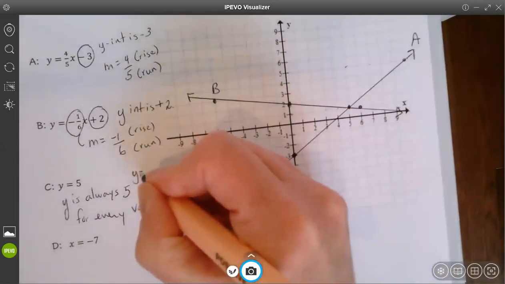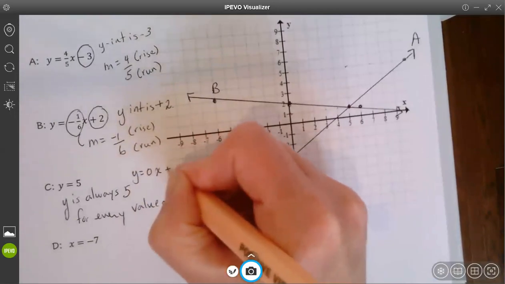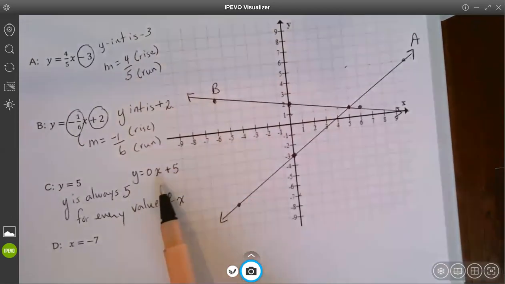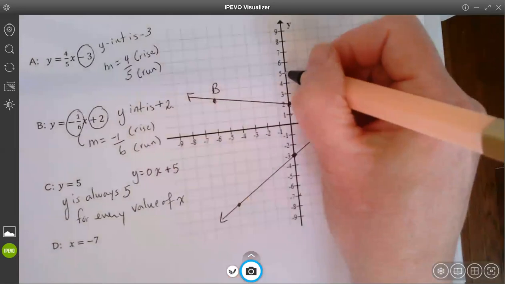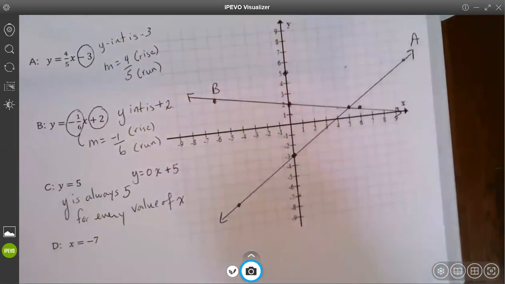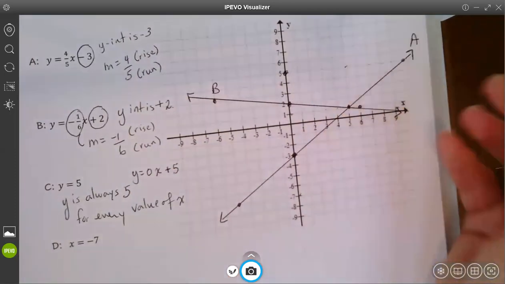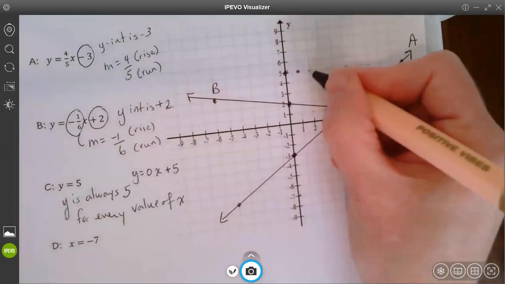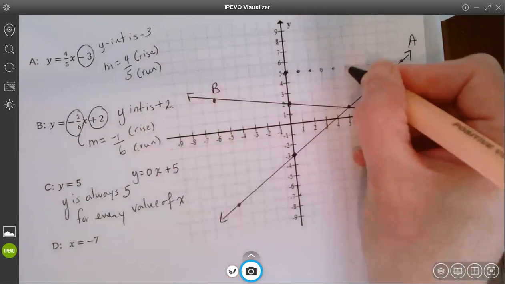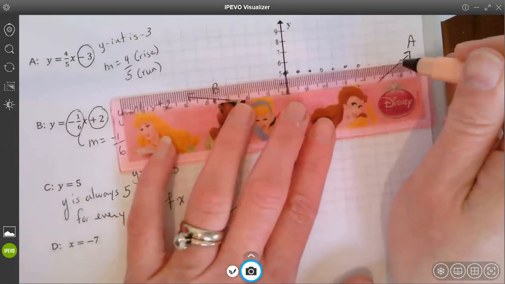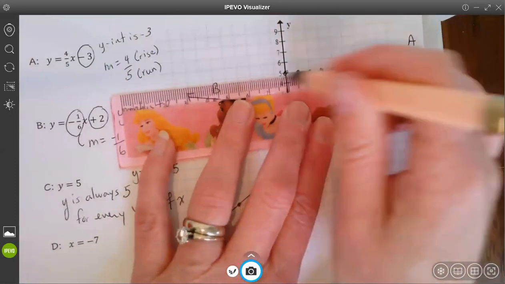If you put it into y equals mx plus b form, it means y equals 0 times x plus 5. So my y-intercept is 5, and my slope is 0. That means I don't go up, but I continue to go forward. So what it looks like is a horizontal line. Y is always equal to 5.